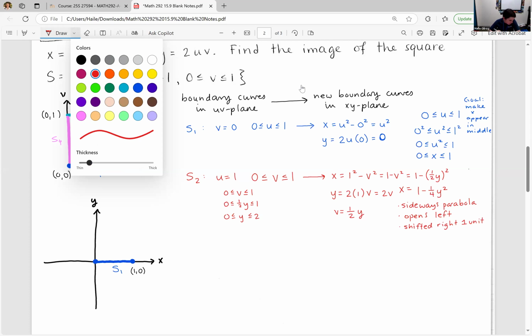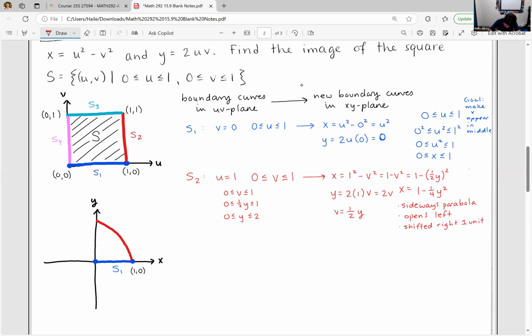So let's see how that turns out. It's a sideways parabola opening to the left. It's shifted right, so that vertex is going to line up with the point 1, 0. And it's going to do this, but it is going to stop at the point 0, 2.